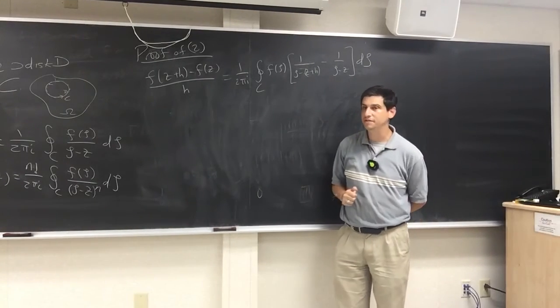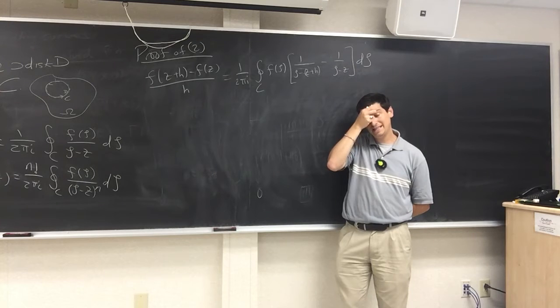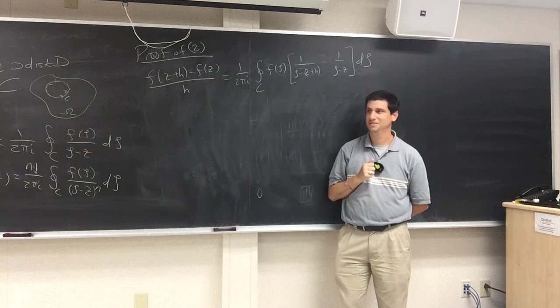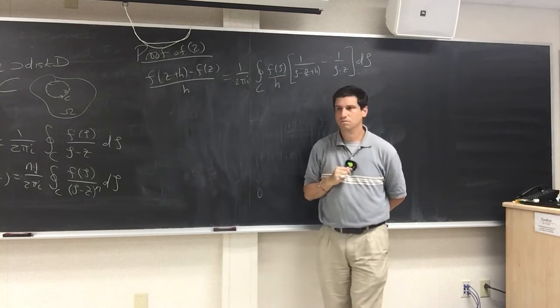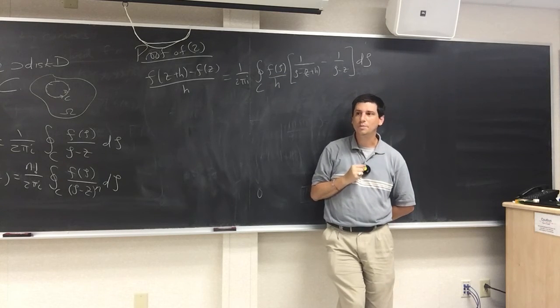And this is just coming from the definition of the derivative. Am I allowed to do this? And I think I need an h. Yes. Why am I allowed to do this?